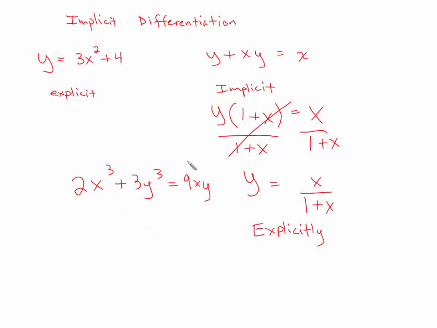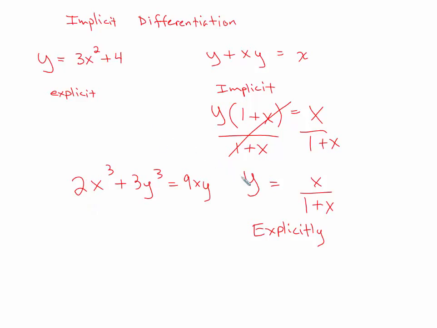So the method that we're going to use and you're going to learn is called implicit differentiation. When you have a function that's written implicitly, you can use implicit differentiation to find its derivative. Implicit differentiation is taking a derivative without having y equal to something.